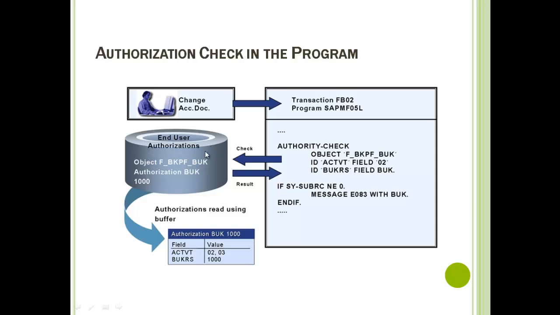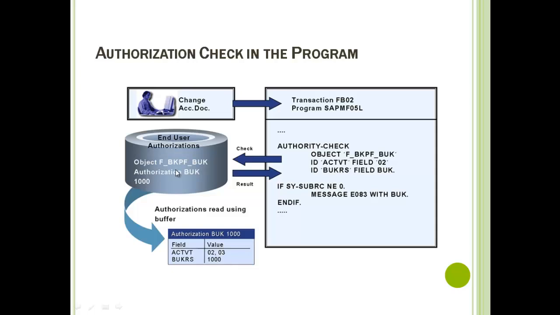Then it goes back to the user buffer and checks this specific authorization object. Let's say the user buffer has this authorization object with activities 02 and 03 for company code 1000.